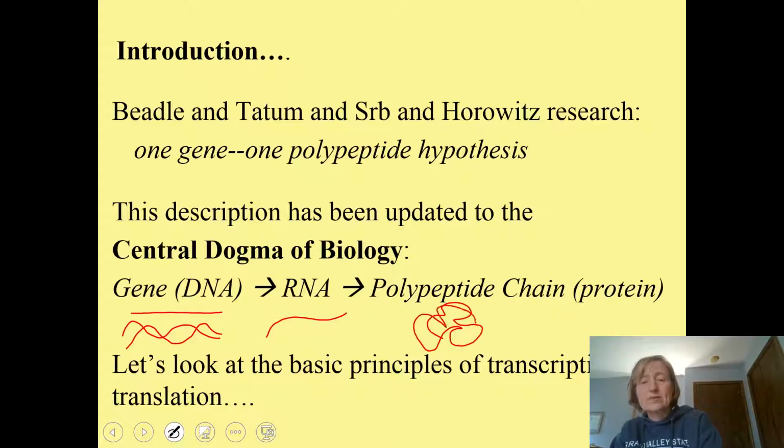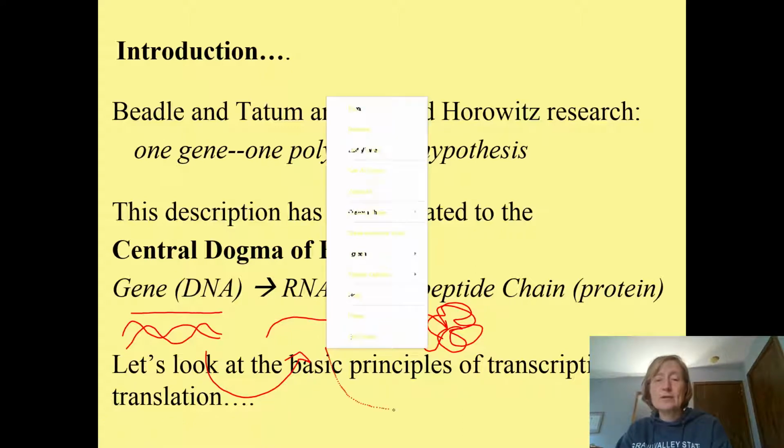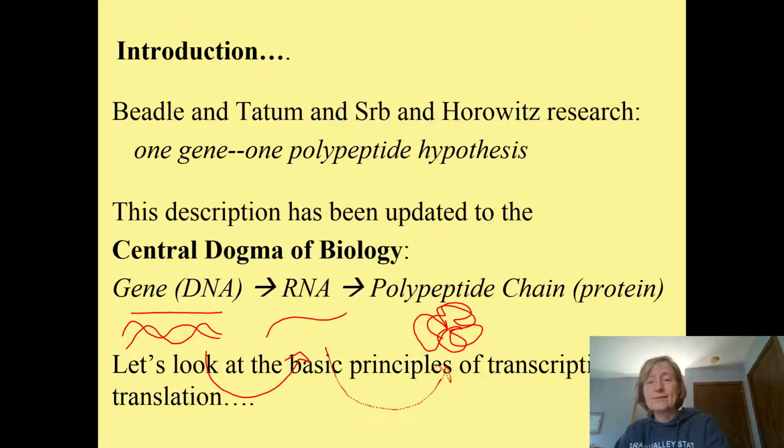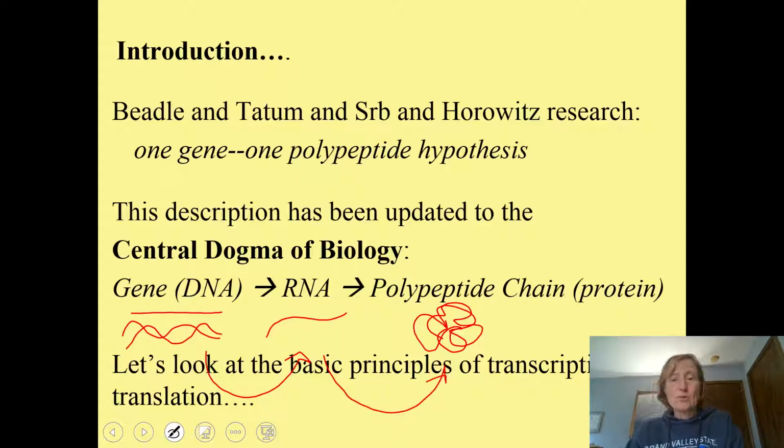And proteins are complicated. They have complex three-dimensional shapes. You get a nice protein. Okay? This is the basic principle of all of biology, really. It's one of the central theories of biology that genes are transcribed into RNA molecules, and RNA molecules are translated into proteins.